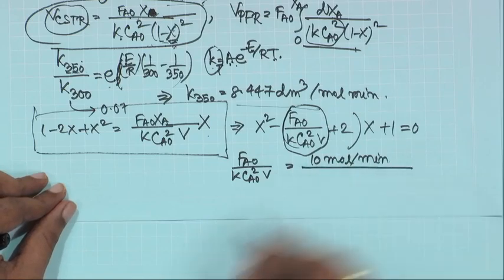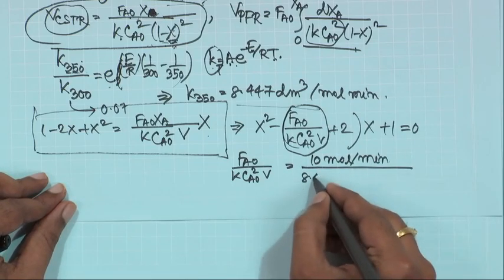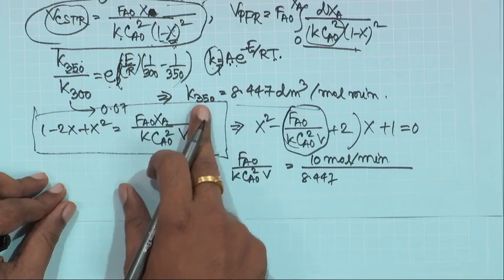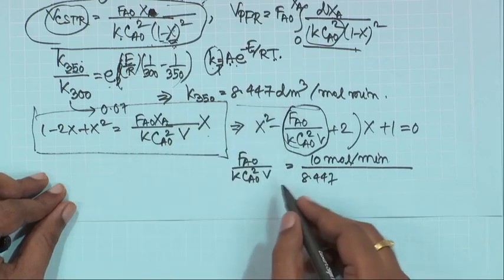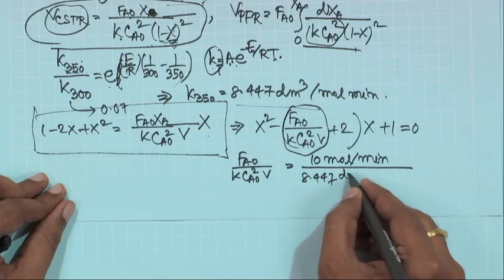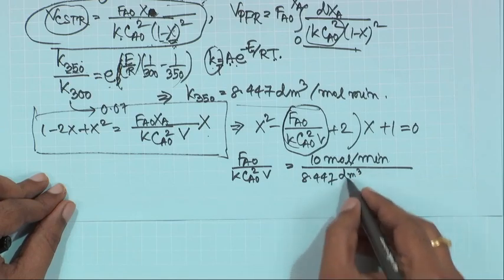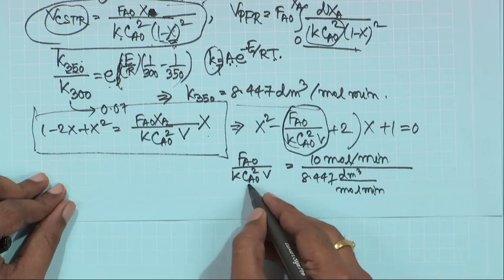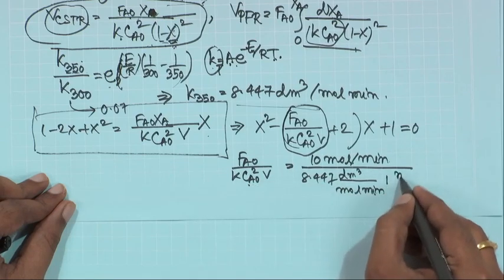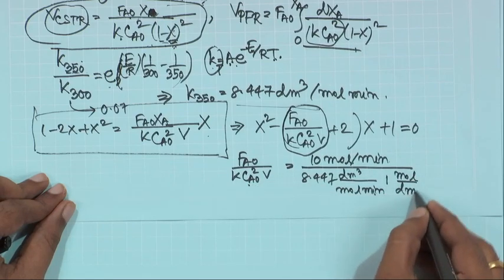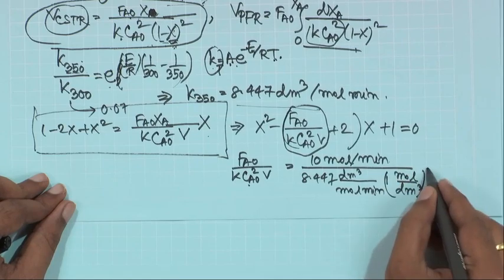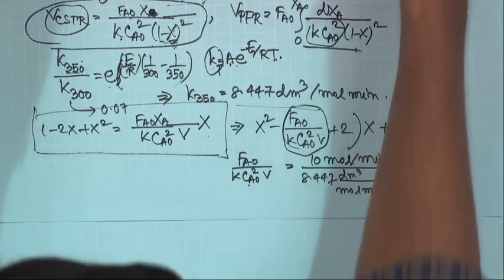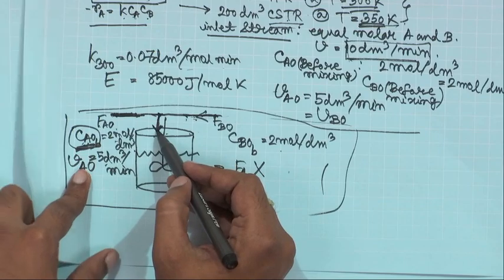So, that is 10 moles per minute, small k is 8.447, we already determined the value of small k at 350 Kelvin, so 8.447 decimeter cube per mole per minute. Ca0 is basically 1 mole per decimeter cube, that whole square, 1, because ultimately the entering concentration has become halved.